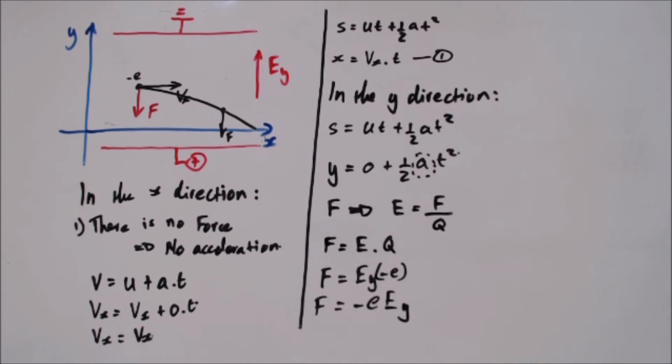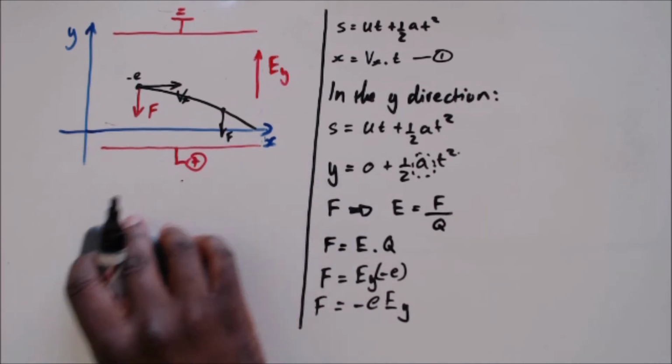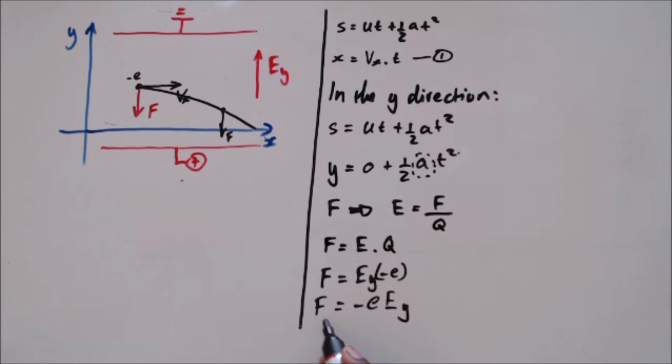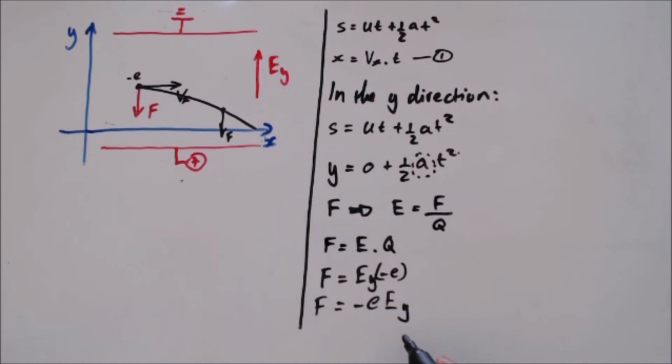All right. So in order to continue, I'm going to need a little bit more space. I'm going to clear this side of the board. This force is the force which will accelerate this electron in the y direction. So this force is actually equal to the mass of the electron, me, multiplied by the acceleration.